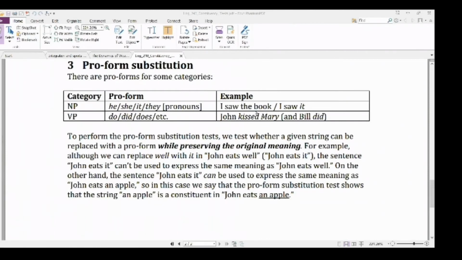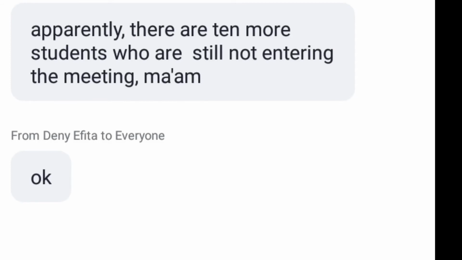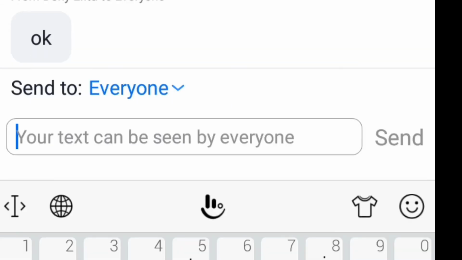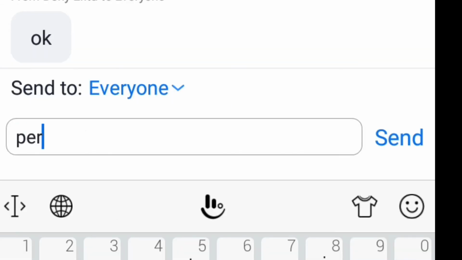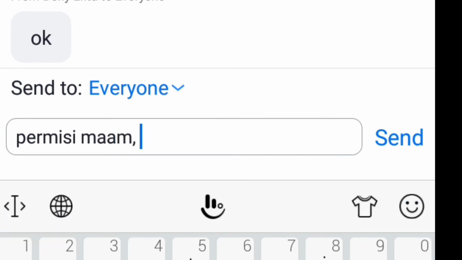The second test, paragraph sentences. I read a book about Napoleon on my birthday. It was a book about Napoleon that I read on my birthday. A book about Napoleon is a constituent. Why? Because you can substitute.